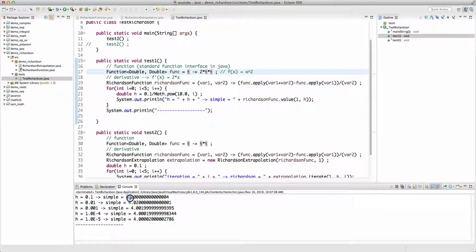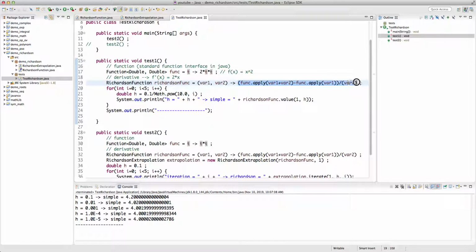So the exact is 4, we're getting 4.2, 4.02, and if h goes down again by 1 order of magnitude, the error also goes down by 1 order of magnitude, 0.002, etc. Okay, so this shows that the error of this approximation for the derivative, the forward approximation, is in fact linear in h.